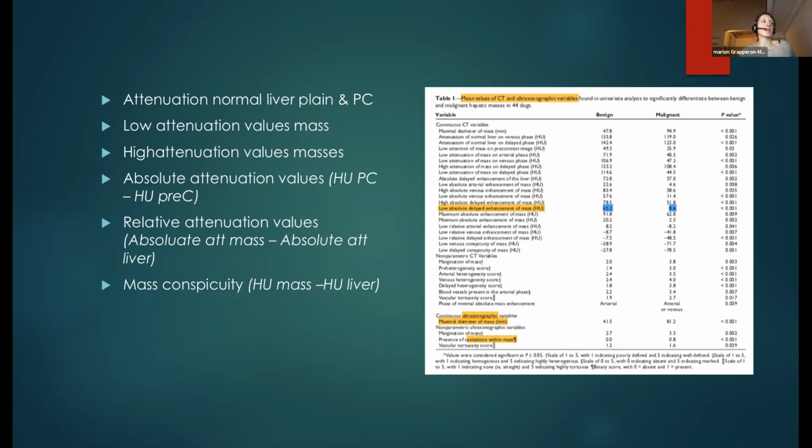They also calculated absolute attenuation values and relative attenuation values, and also the mass conspicuity, which was the attenuation of the mass minus the attenuation of the liver, all this for the different phases. So they ended up with many values for each single mass.